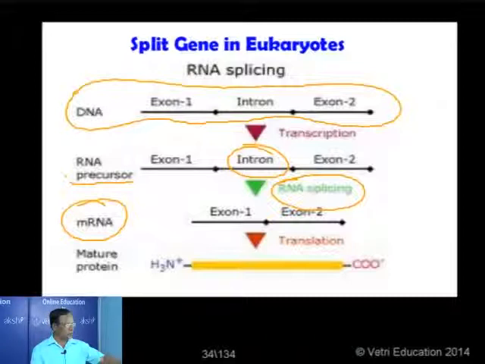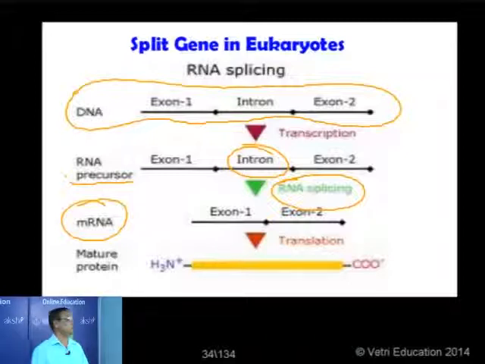The non-coding intron has been removed. That process of removal of non-coding sequences and joining of coding sequences to form an active or processed mRNA is called splicing. It is simply a tailoring process, cutting and then joining.